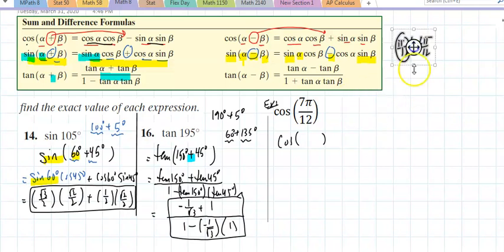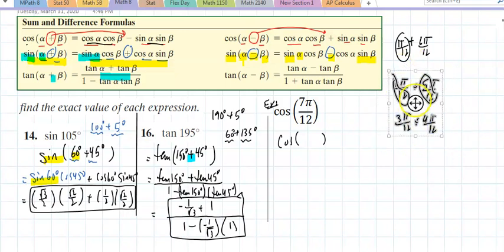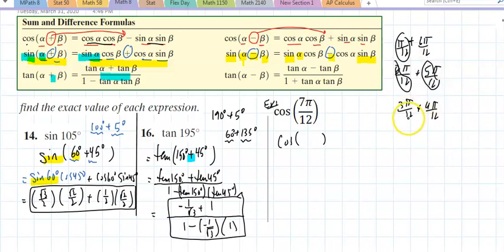I could also say 2 pi over 12 plus 5 pi over 12, even though this reduces to pi over 6, but this is a problem. 3 pi over 12 plus 4 pi over 12, that's one that works. Again, that's not the only one that works, because this is pi over 4, a standard angle, and pi over 3. So this is pi over 4 plus pi over 3.